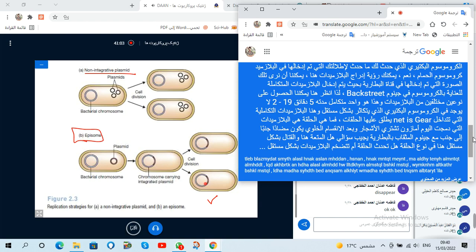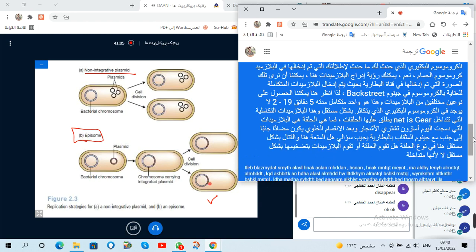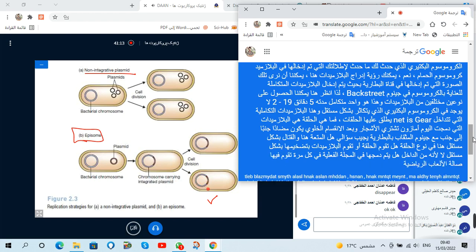No, because it's integrated in the bacterial genome. Every time that the genome of the bacteria amplifies, the plasmid will amplify too. So here they don't amplify independently. Understand?